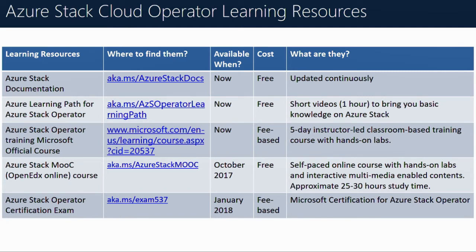Now, last one, the certification exam. This one will be available in January 2018, and this will be published on the Microsoft certification and learning site. This certification exam will also be added into the Azure All-Up Competencies program. So MCSA and MCSE will all have this cert as part of the criteria.